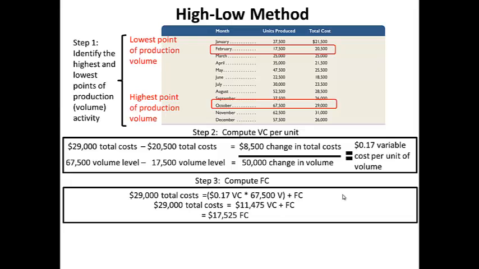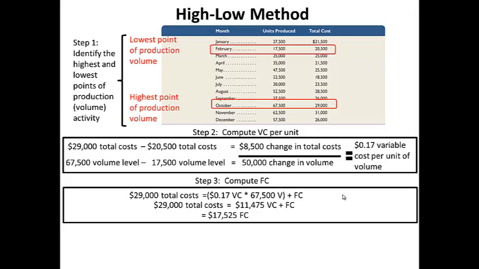So we solve for FC, and our fixed cost in this case happened to be $17,525. Now, based upon this high-low method, we can compute our total cost, our mixture of variable and fixed costs, at any level of production.